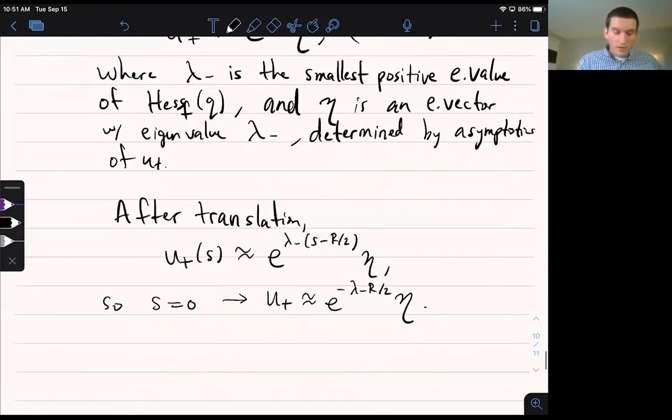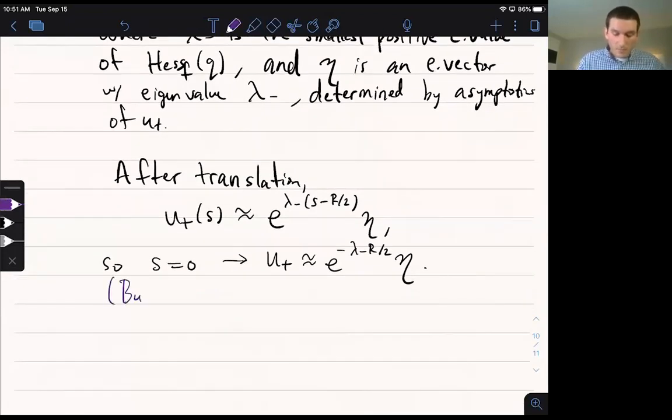This is another genericity assumption. So Ipsita, you're correct. It would be a linear combination of eigenvectors, but they would all have this eigenvalue lambda minus, and so it would still be an eigenvector of eigenvalue lambda minus. So if you use the argument from before about expanding in an eigenbasis, you're going to get some linear combination, but they all have the same eigenvalue, so it's okay.